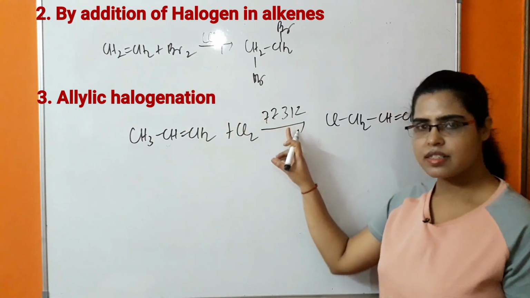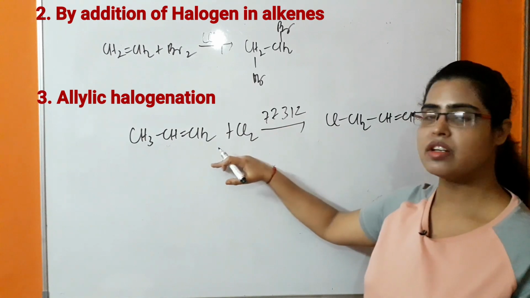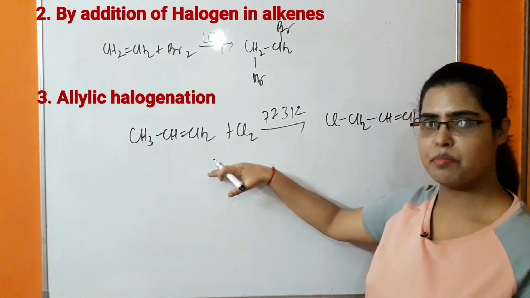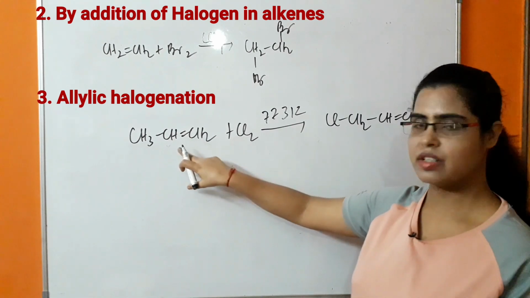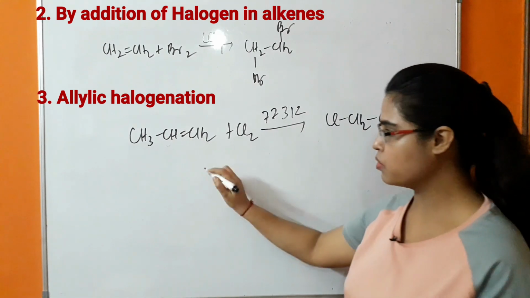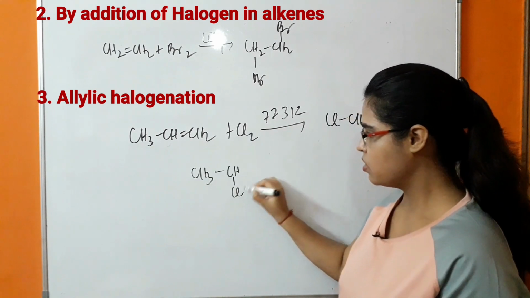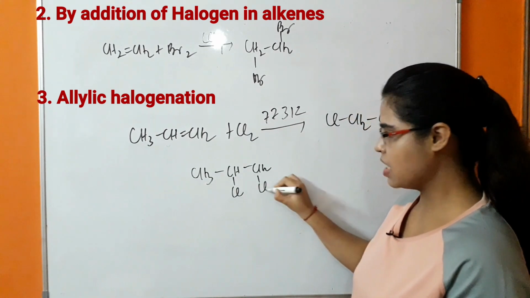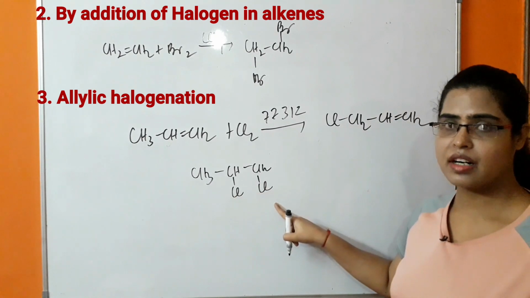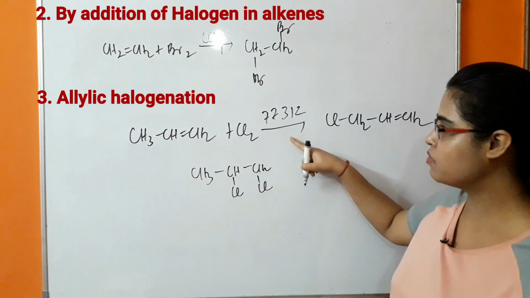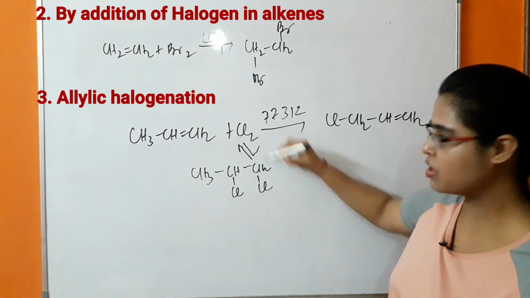Because at this high temperature the addition reaction becomes reversible. At this high temperature, when the halogen reacts at the double bond position, there will be formation of CH3CHClCH2Cl. This addition product is less stable at this high temperature. Because of that, the reaction becomes reversible.